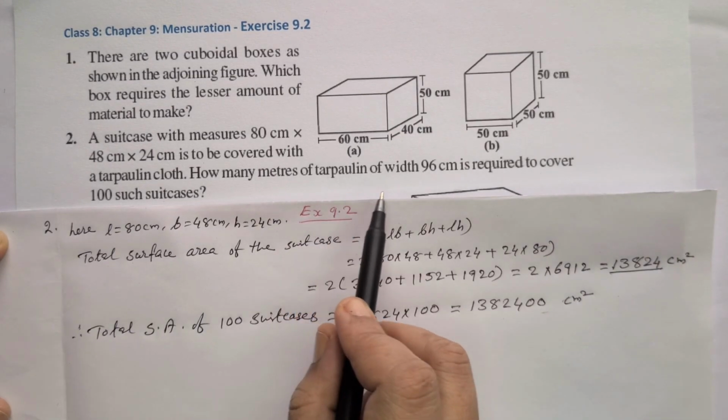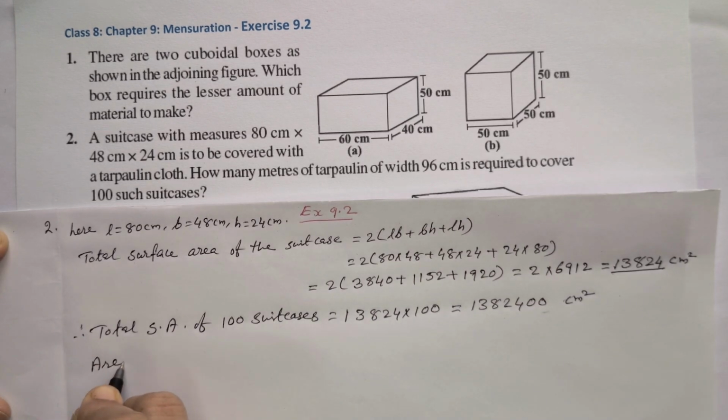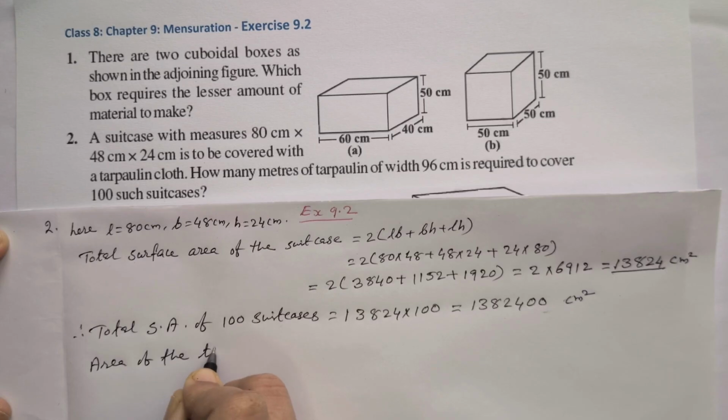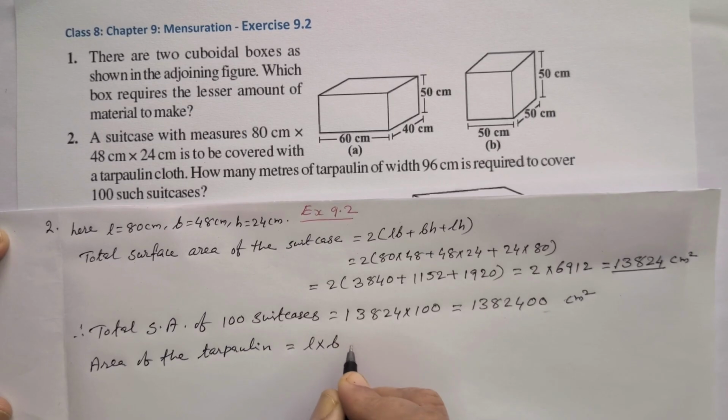Now tarpaulin width is 96. So area of the tarpaulin is equal to length into breadth.